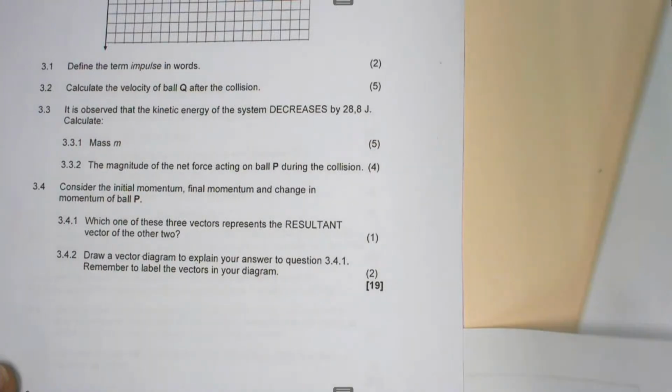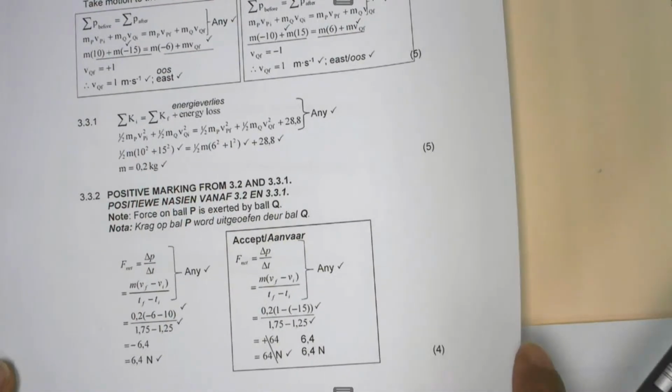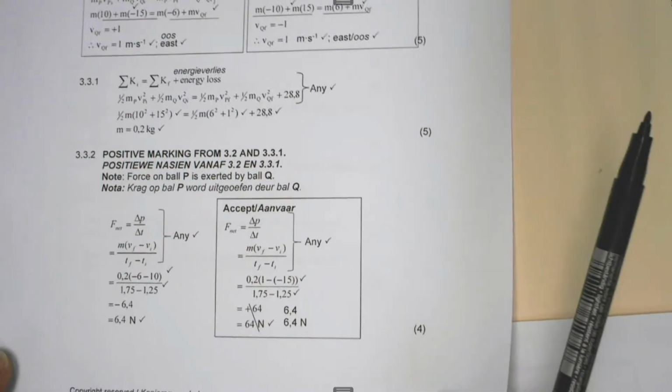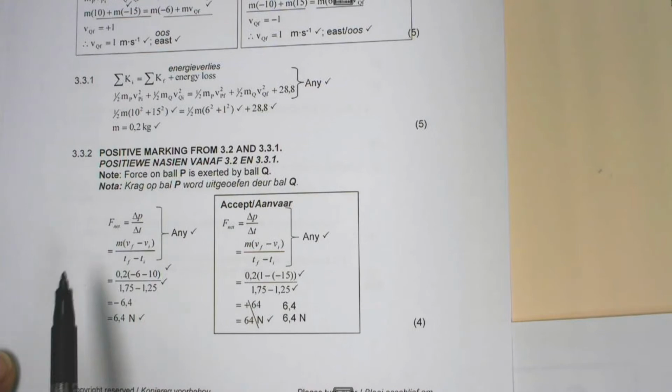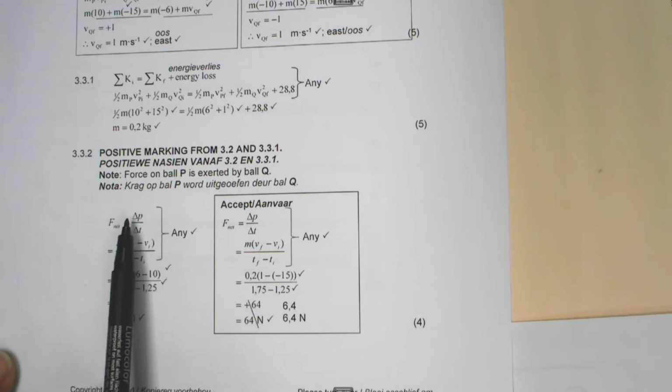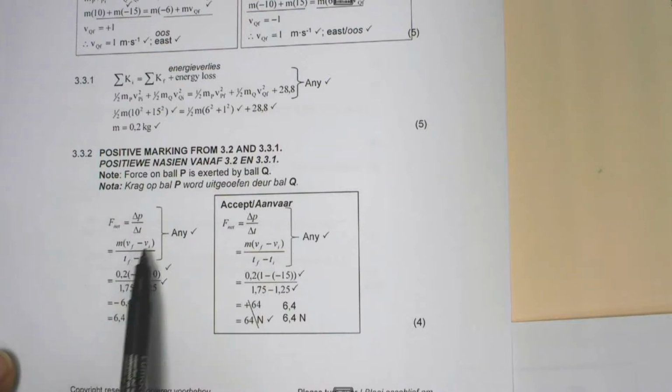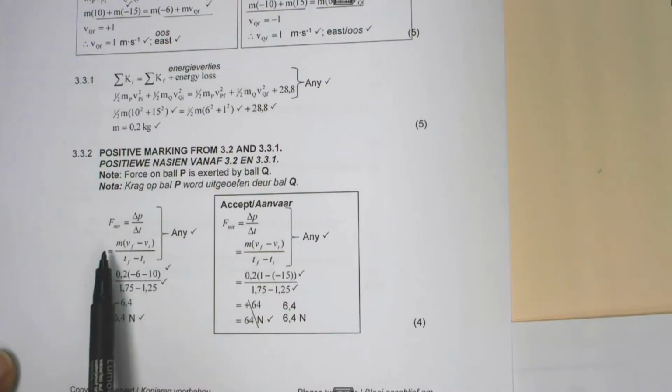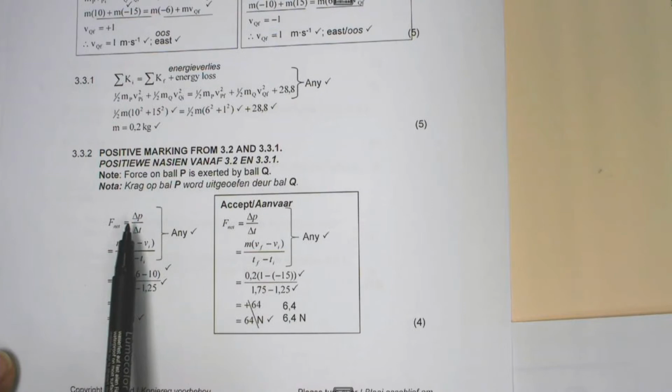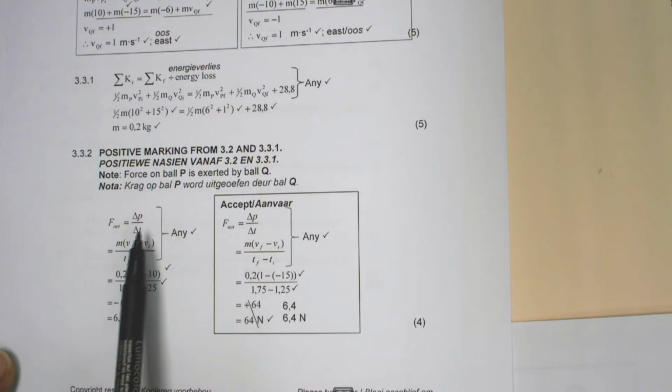There are 2 options that we can use, that P is going to experience a force. Now, we have to apply the impulse momentum theorem. F net is going to be equal to the rate of change of momentum. And I want us to look at this question and then look at the multiple choice question. What is it that we have done about this?